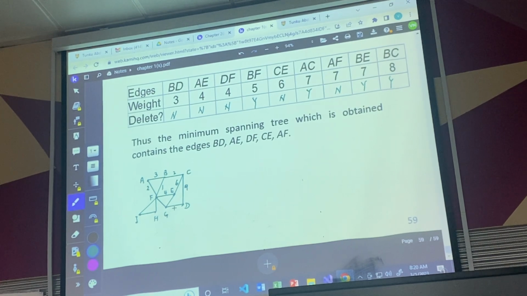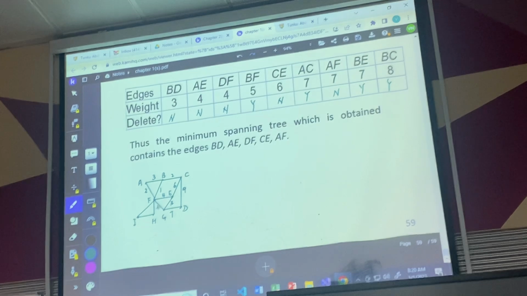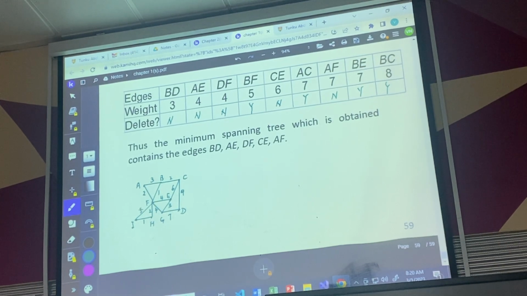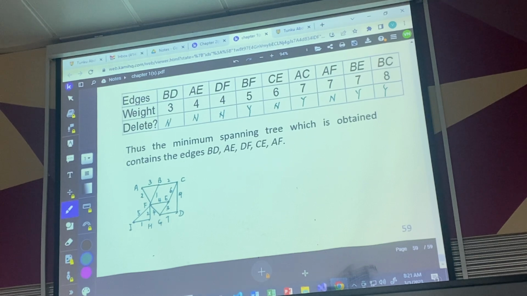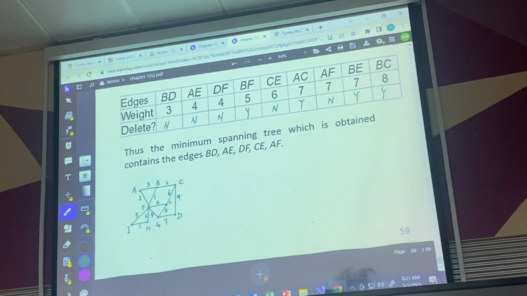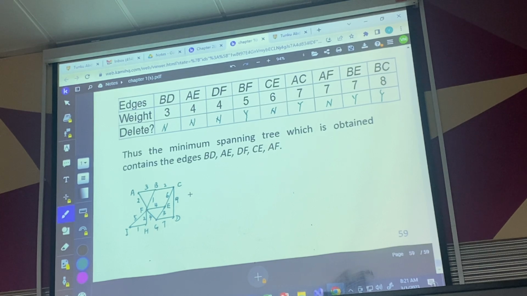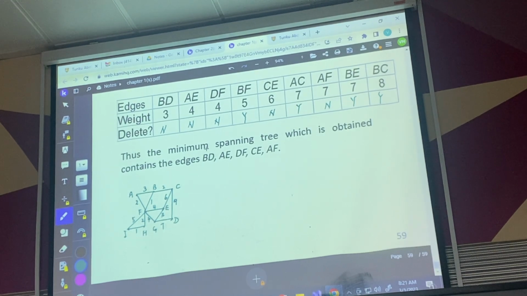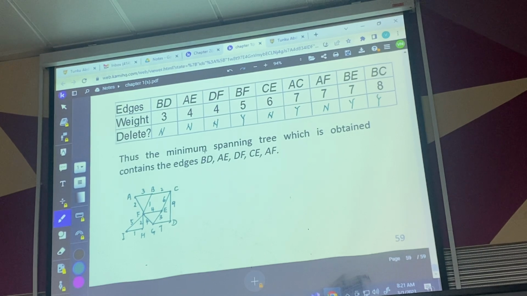This one. Okay. If the graph is like this, this is E. Then, by using Kruskal's algorithm, try to find what is the minimum spanning tree.